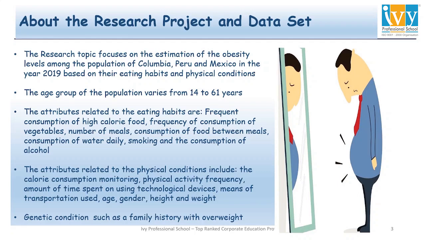The attributes that relate to physical conditions include calorie consumption monitoring, physical activity frequency, amount of time the individual spends using technological devices in a day, such as mobiles, laptops, etc., the means of transportation that individuals use on a day-to-day basis, age, gender, height, and weight. Lastly, there is only one attribute relating to the genetic condition, that is the family history with overweight.